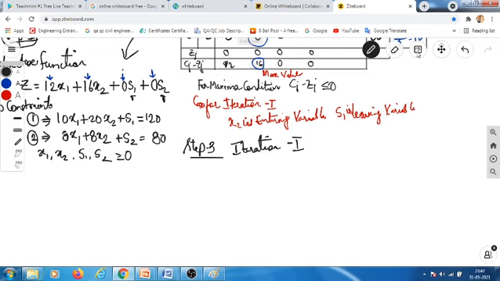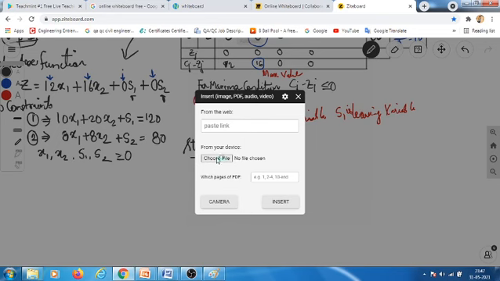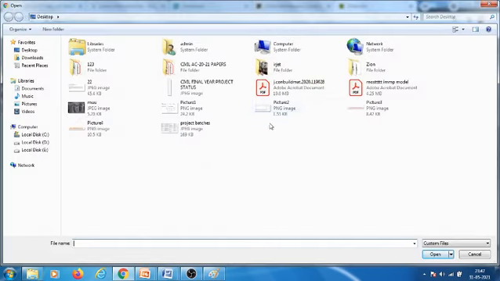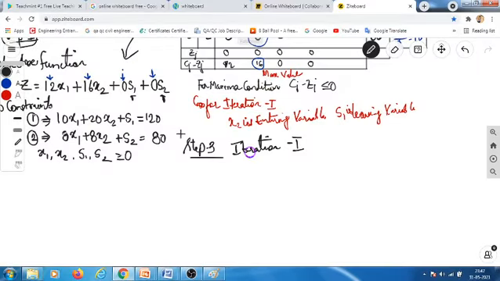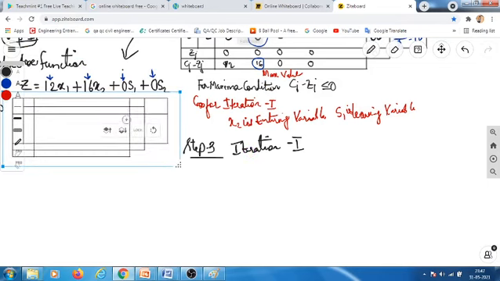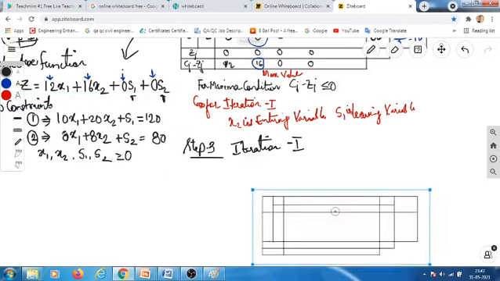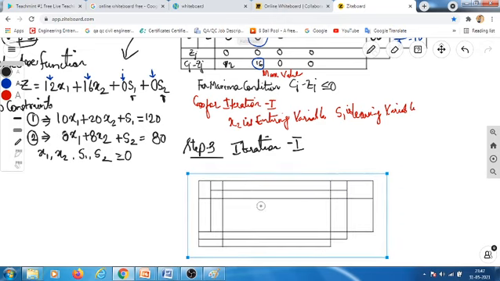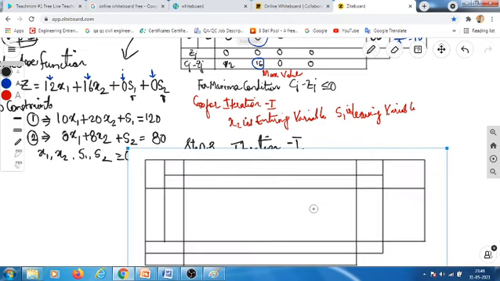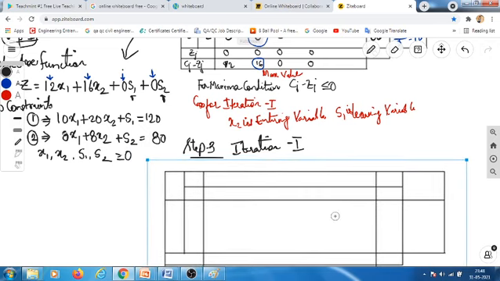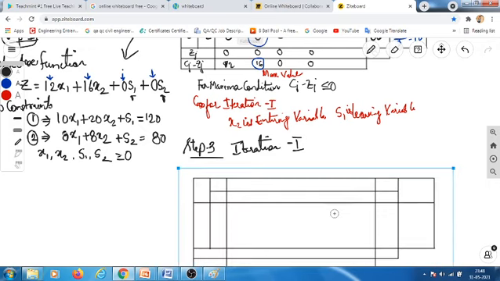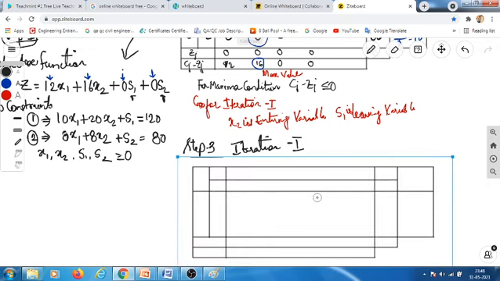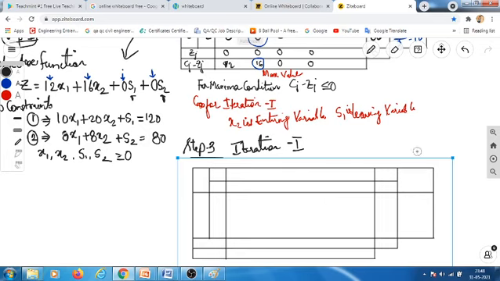Again, what we need to do? We need to insert the table over here, the same simplex table. See, we have inserted the table over here.